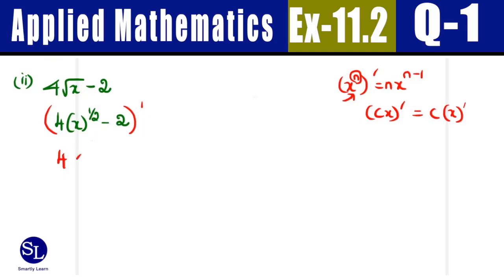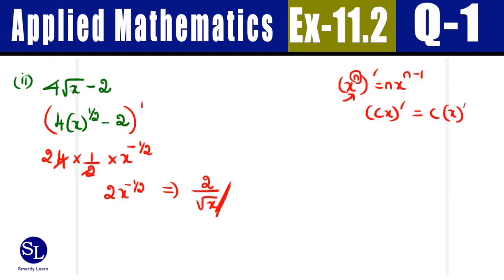So this is going to be 1 by 2 into x power minus half, and differentiation of a constant is 0, so I'm simply discarding that. Now I can simplify. This is 2x power minus half, or this can be rewritten as 2 divided by root x. So that is the differentiation of 4 root x minus 2.